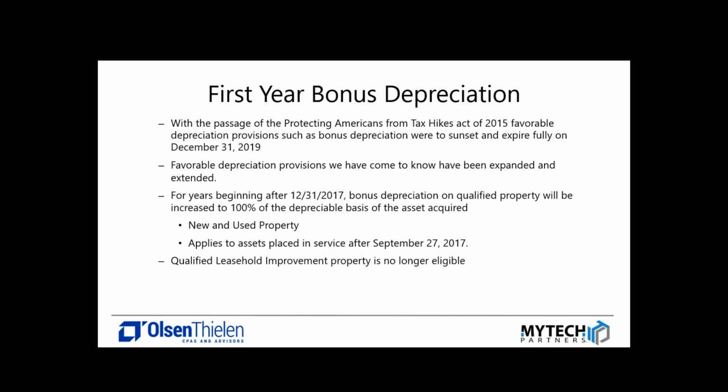Each asset class is a year: all your 3-year assets, all your 5-year assets, all your 7-year assets. If you want to take bonus depreciation on one 3-year asset, you have to take it on all your 3-year assets. Whereas with Section 179, as I'll get to in the next slide, you can pick and choose assets, so it's much more flexible.